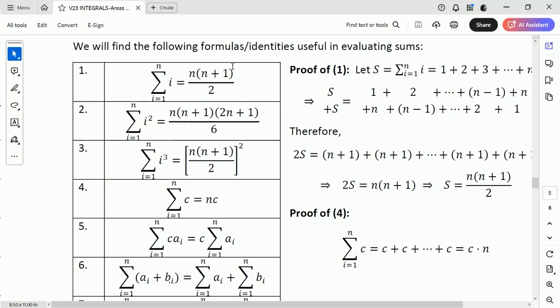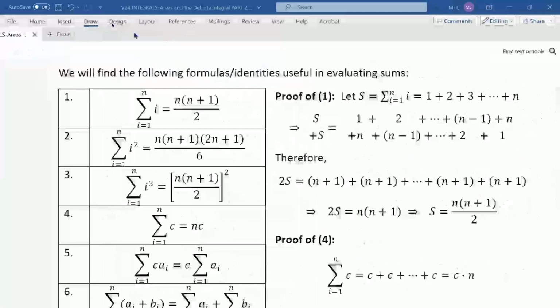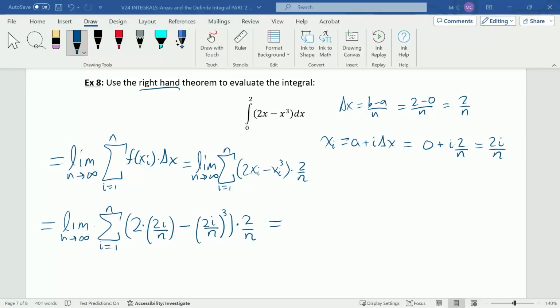So the big goal here is that whenever we're doing these Riemann integral problems, we need to somehow write our sum as just the sum of i squared, or the sum of i cubed. So the goal is always to use our summation properties to rewrite the sums we're working with to where we can use one of these three formulas to evaluate them, or the constant multiple formula, that one too. Okay, so back to it.